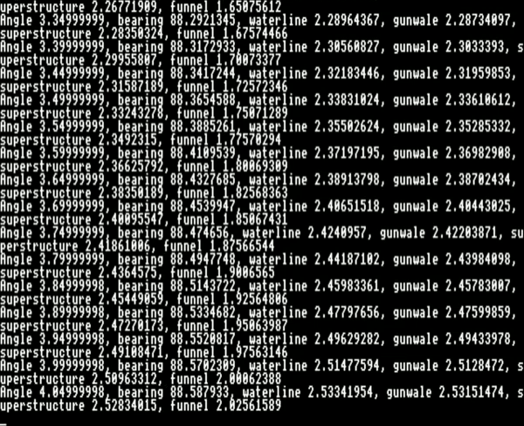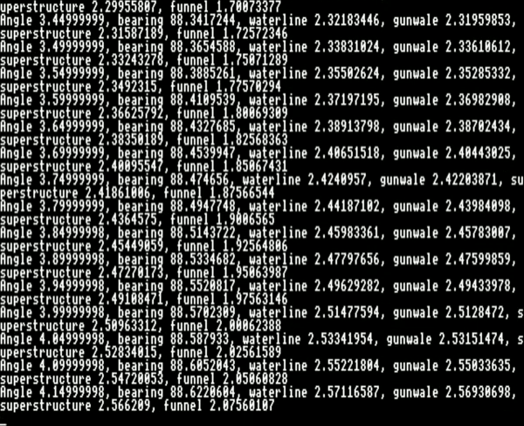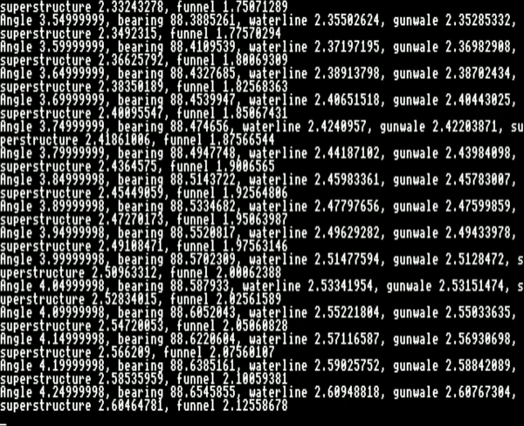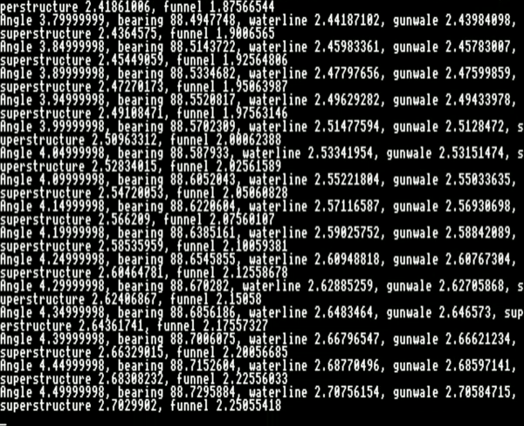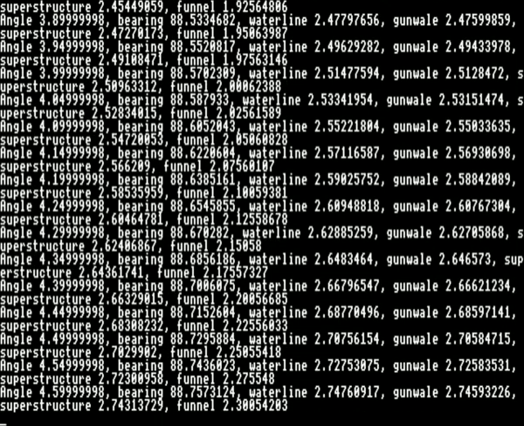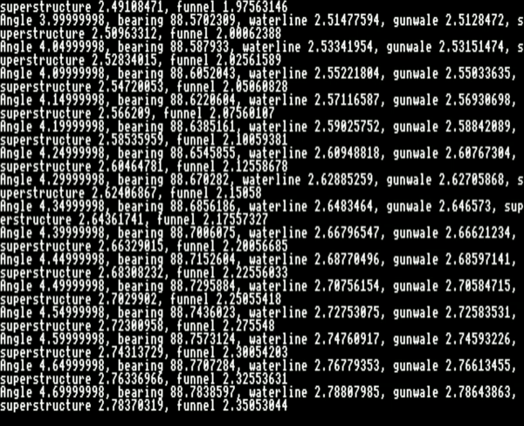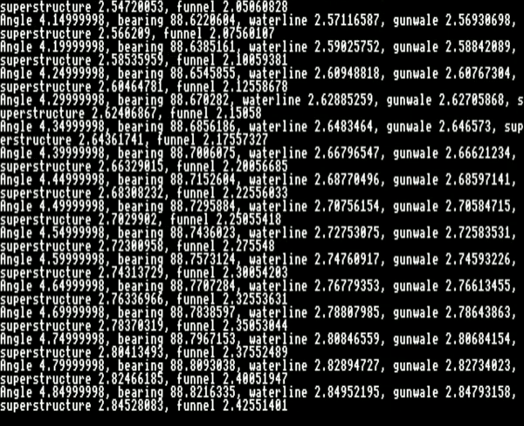Good job I didn't tell it to stop at 5 degrees. There we go. It's there at 4.1 degrees north. The funnel finally disappears, the other 4 kilometre high mountain finally disappears below the horizon.